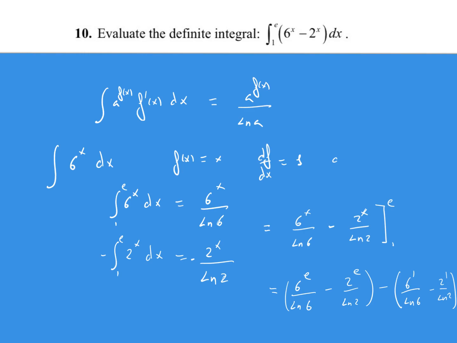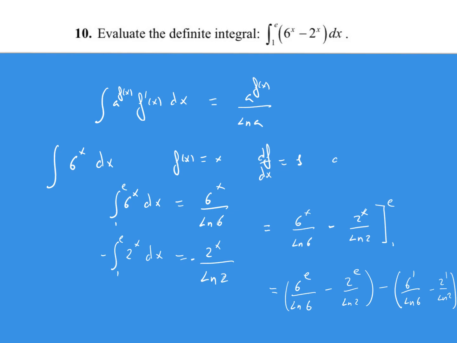The one that we found in the previous problem, which says that the integral of a to the f of x times f prime of x dx is a to the f of x divided by the natural log of a. In this case, a is 6 and f of x is x, so the derivative of f with respect to x is 1.